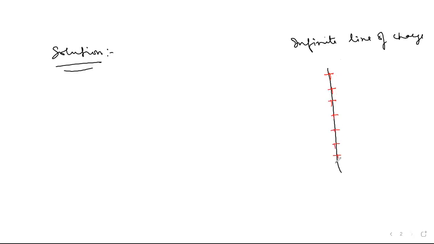When I say I have an infinite line of charge, that means it is infinite in extent. You cannot find its ends. It is infinite on both sides, right?